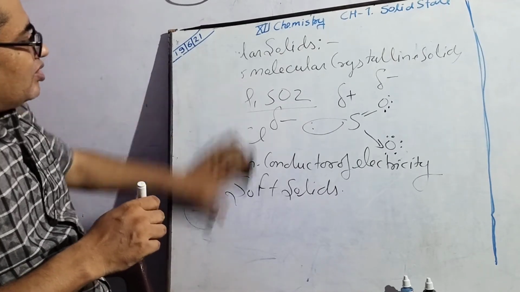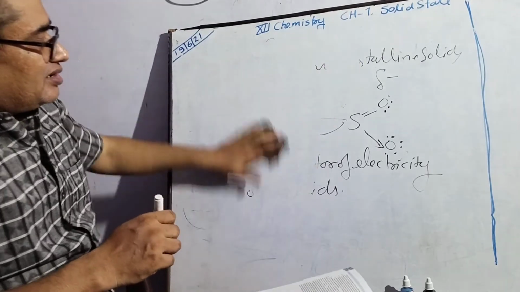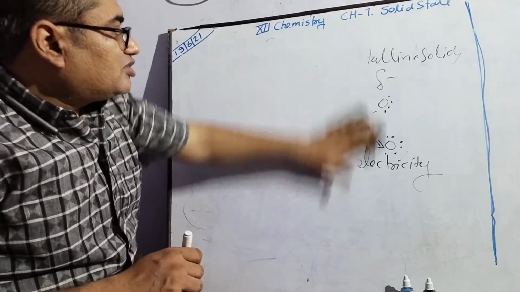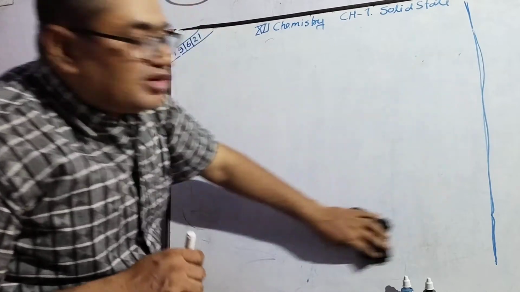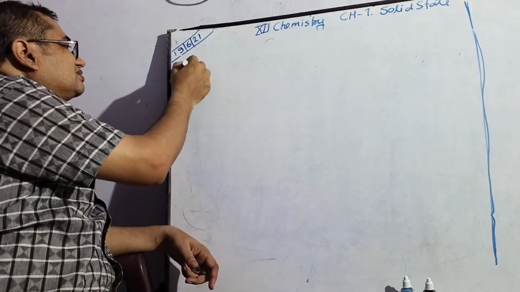Now we move on. The second type of molecular solids is non-polar molecular solids. Non-polar molecular solids are all inert gases.